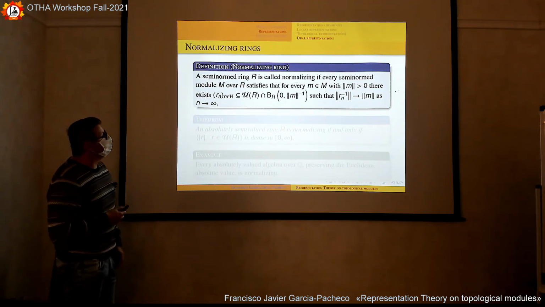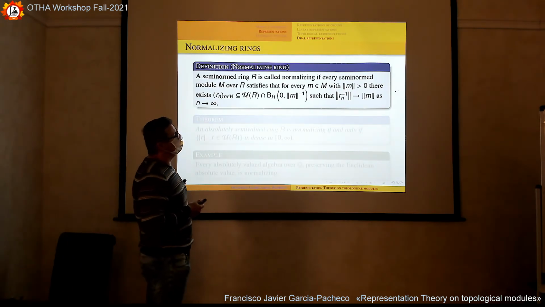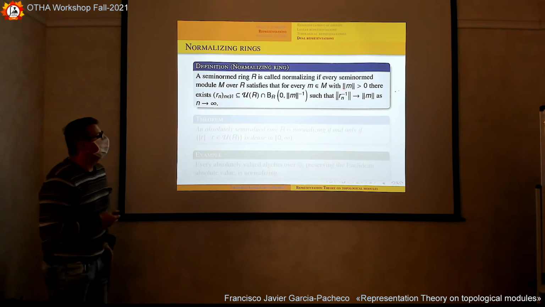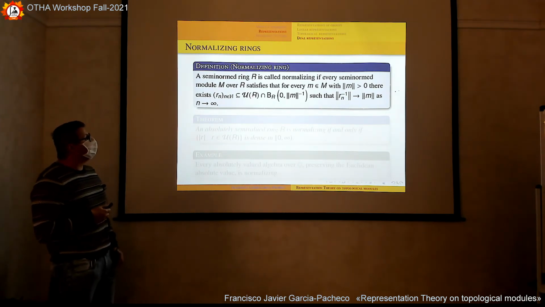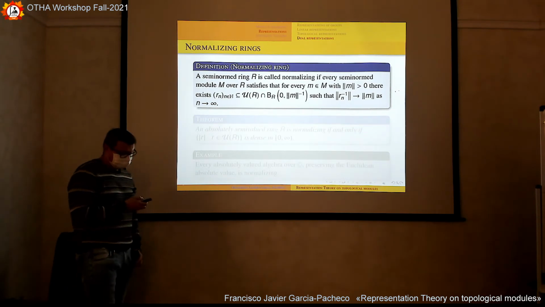A seminorm ring R is normalizing if every seminorm module M over R satisfies that for every m in M with norm of m greater than 0, there exists a sequence of invertibles with norm less than or equal to the inverse of the norm of m, but the norm of the inverse of the invertibles approaches that of m.